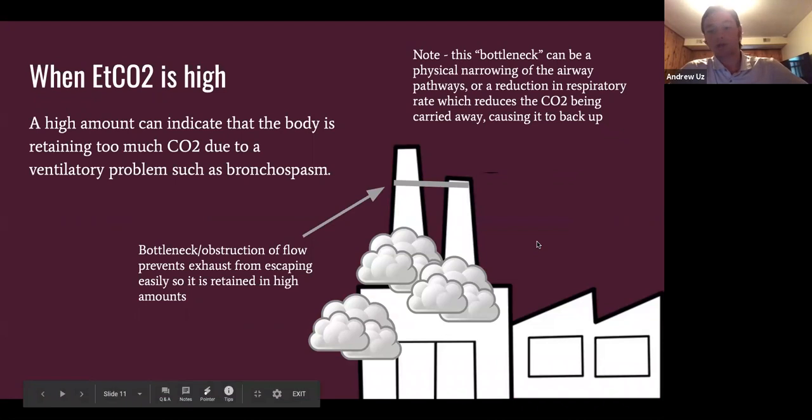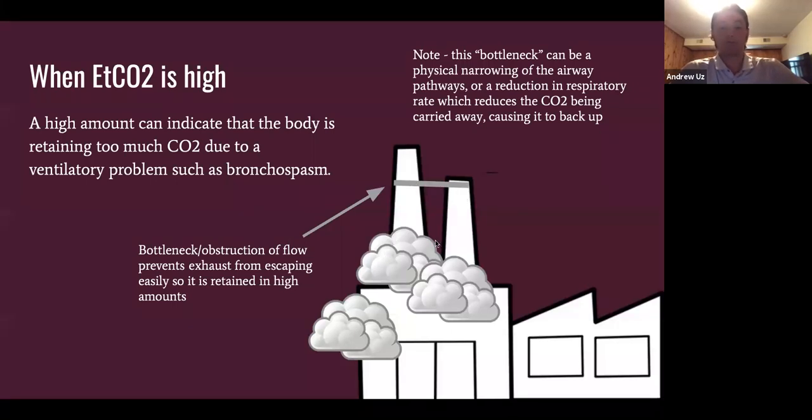Now, when the end tidal CO2 is high, that means that your body's holding on to that smoke. So typically, this is from a bottleneck. If you think of these exhaust pipes being stopped up, that CO2 builds up, and so the number's high.